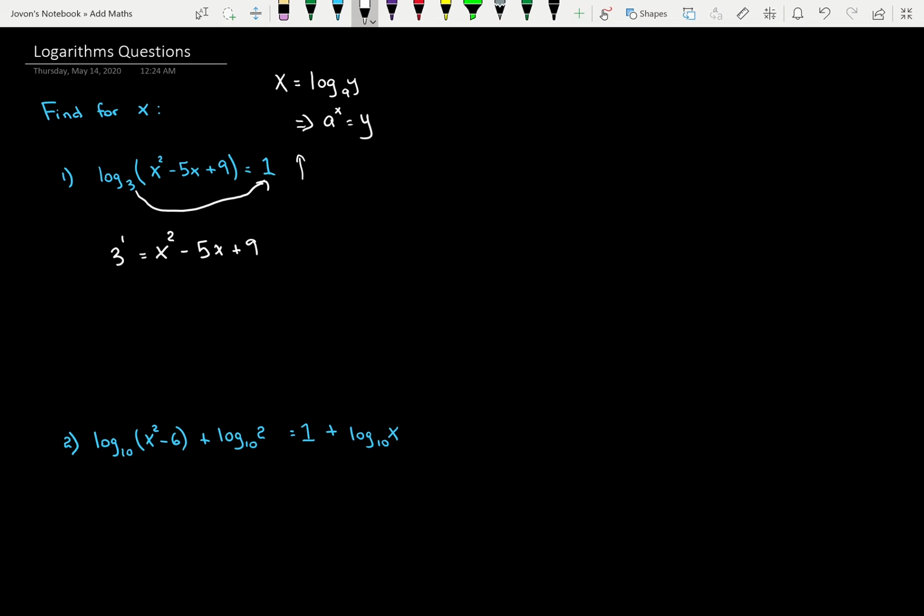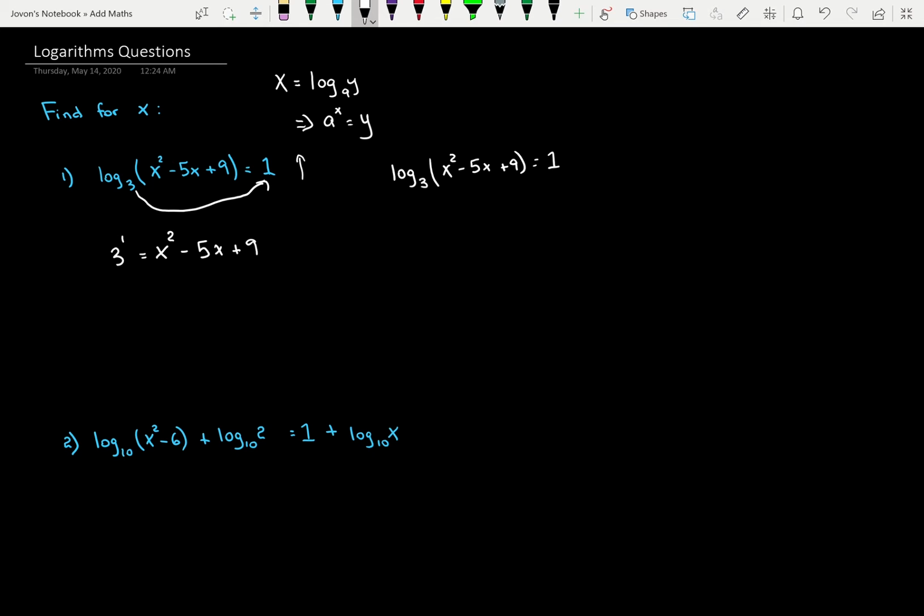So here is the other way, which we use when dealing with constants in a logarithm question. Rather than do it this way, we have log to base 3 of x squared minus 5x plus 9 is equal to 1. Now we multiply this 1 by 1.